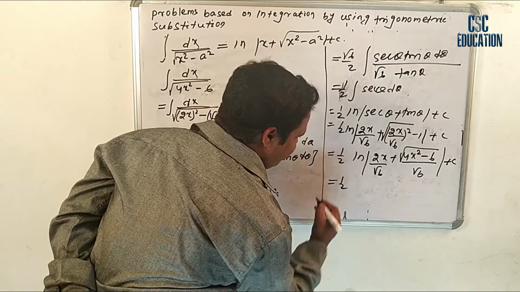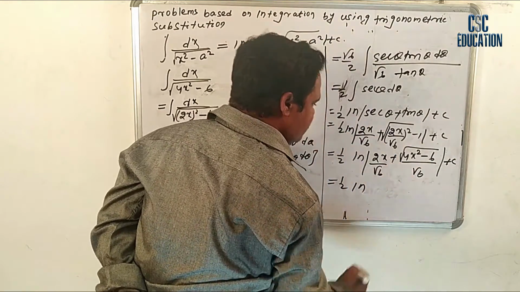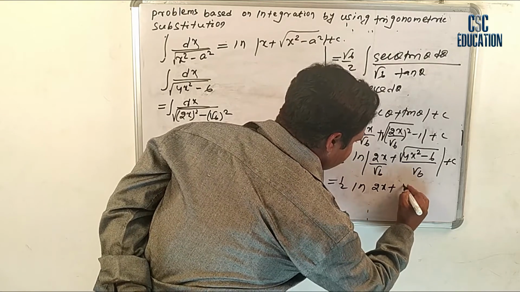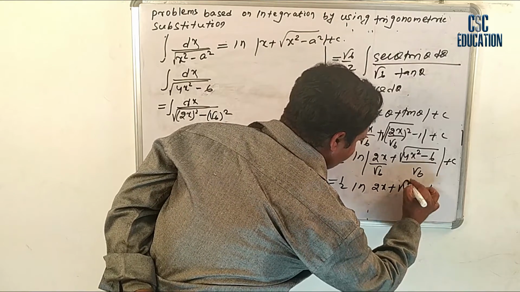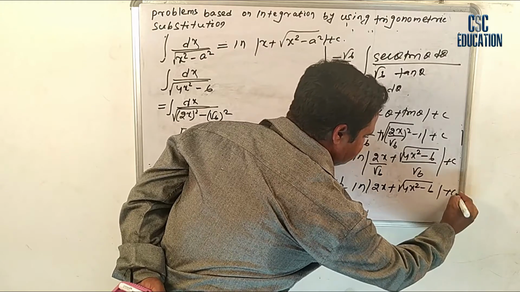Now this value equals 1 by 2 ln of 2x plus the square root of 4x square minus 6, divided by root 6, plus c. The root 6 is a constant factor, so it is 1 by 2 ln of 2x plus the square root of 4x square minus 6, plus c.